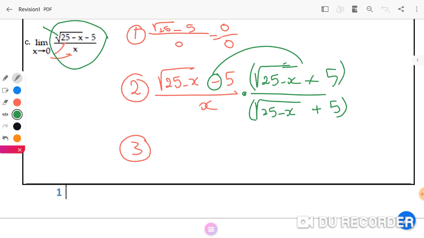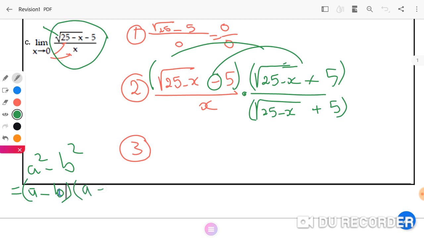In this case, I will find the product of the expression and its conjugate. As I told you before, a squared minus b squared equals a minus b multiplied by a plus b, if you remember. If we have this form, we can convert it to the other form, the difference between two squares, or if we have the difference between two squares, it will be a product of two brackets, as you see.